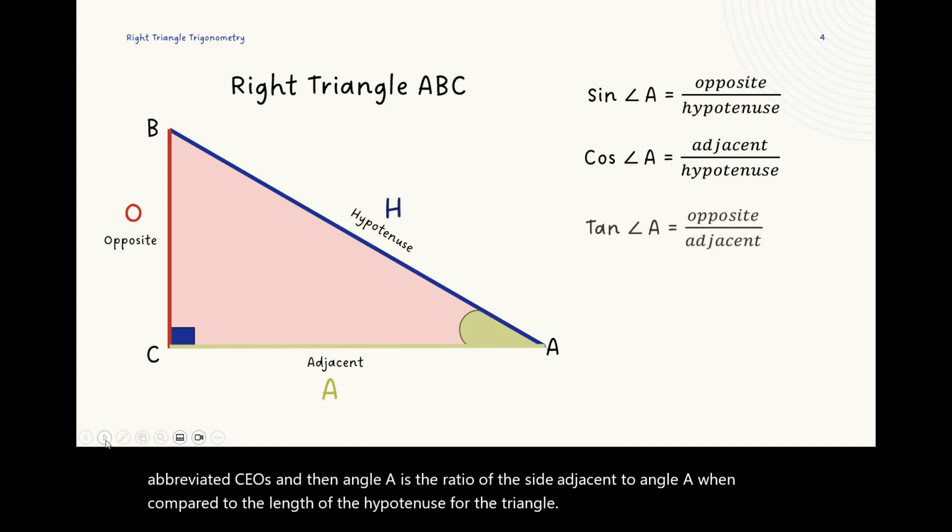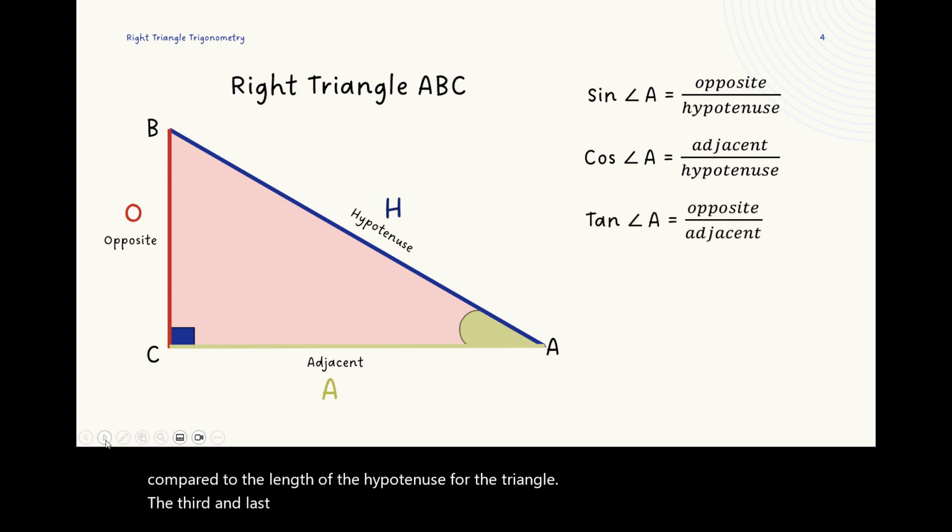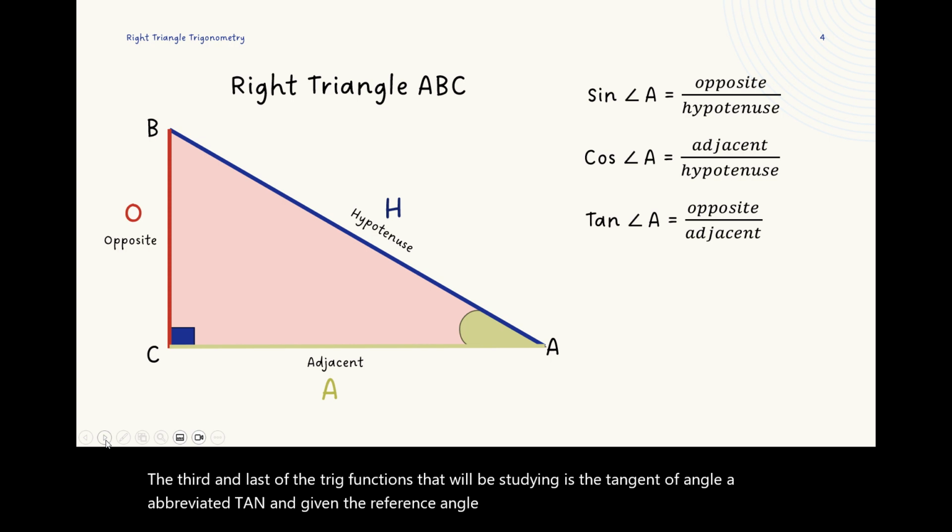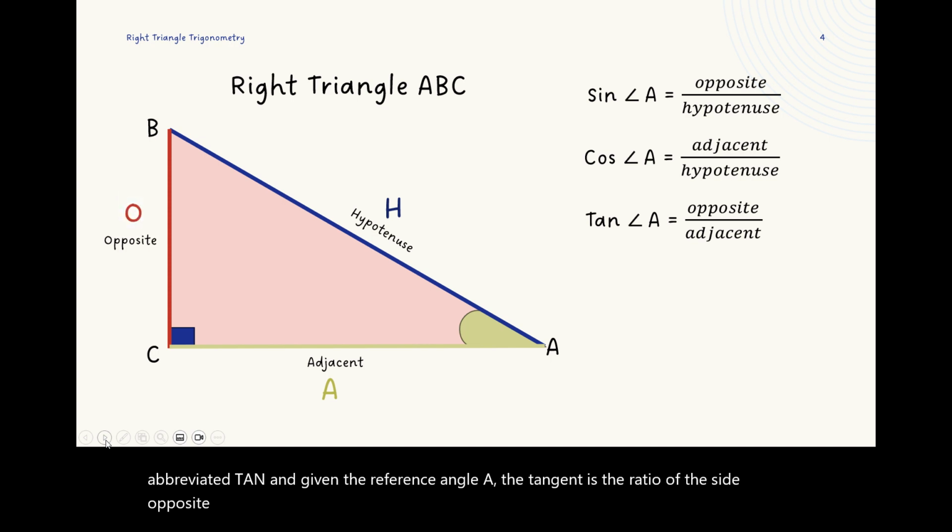The third and last of the trig functions that we'll be studying is the tangent of angle A, abbreviated TAN, and given the reference angle A, the tangent is the ratio of the side opposite angle A when compared to the side adjacent to angle A.